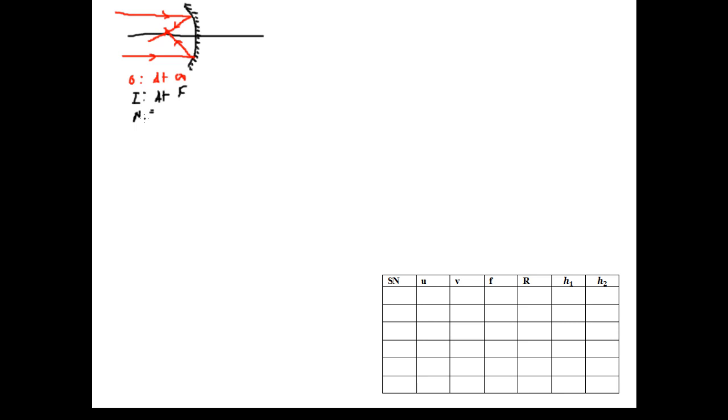Now just come to the next diagram. This was the first diagram. Look at the second diagram. This is the concave mirror. This is C. This is F. The object is placed behind C. Now we consider two rays to form the image.